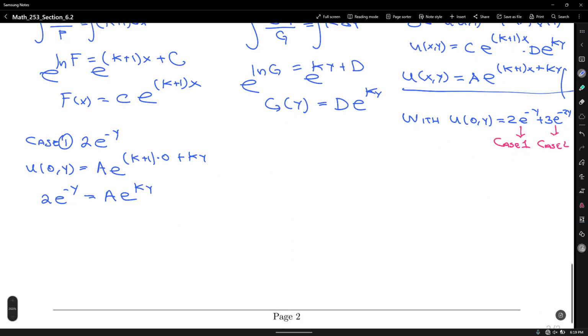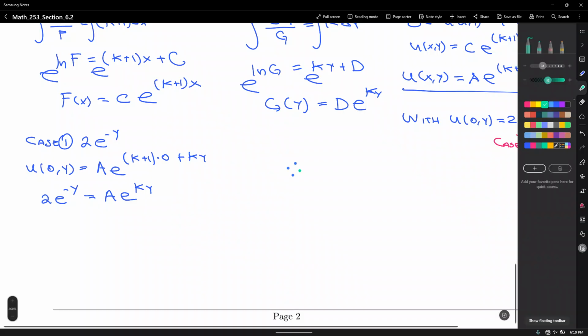Okay, so at this point, we should be able to equate coefficients and exponents. Equating the coefficients and equating exponents, we get a equals 2 and negative y equals ky, where k equals negative 1.